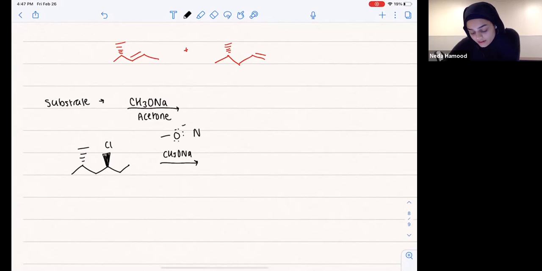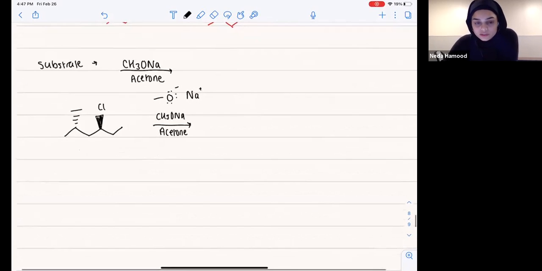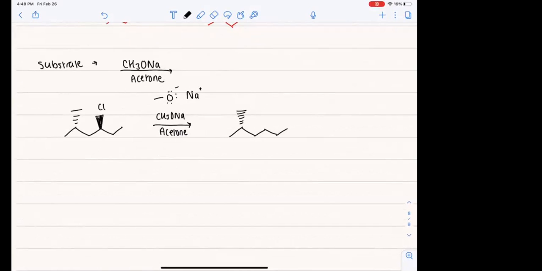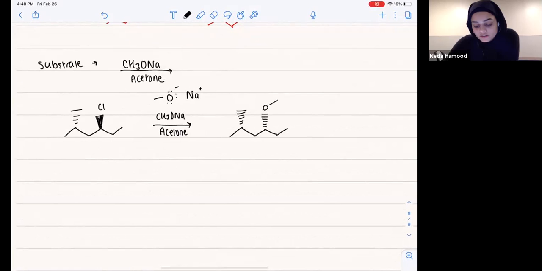Whenever I have a sodium like that, I like to write it separately, since they really would dissociate in nature like that. And our product is going to be this. Are we going to have it on a wedge or a dash? You're gonna have it on the dash because it's inversion of configuration. And how do you know that it's inversion?